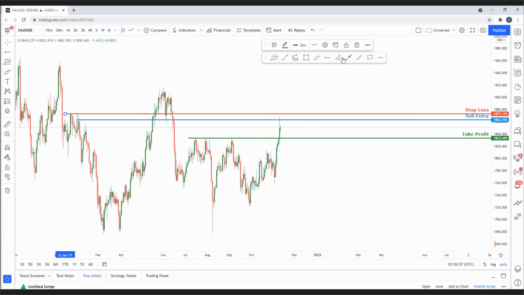So you can expect a drop from here. This is my take for gold, looking for a short position.